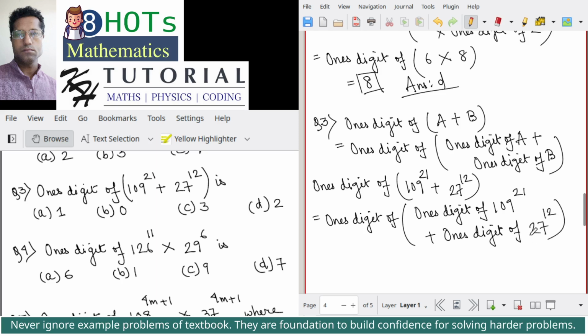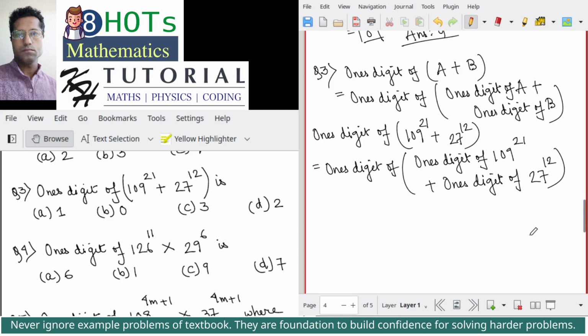Now we have to find the ones digit of 109 to the power 21. The ones digit of 109 is 9.